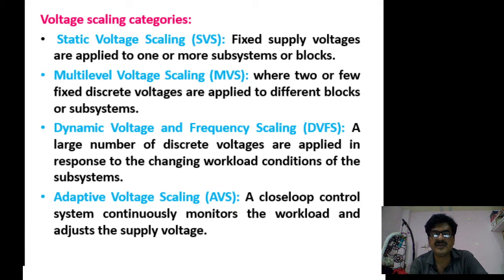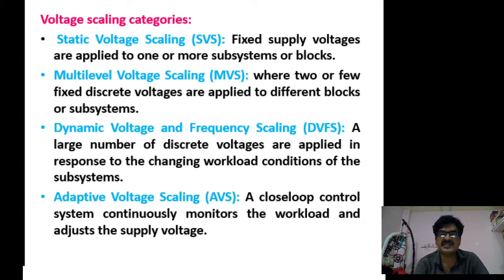Each and every subsystem or block in a given system, which consists of many subsystems, operates at a fixed voltage source. Coming to the multi-level voltage scaling case, different subsystems work at different voltages, but those voltages are also fixed.